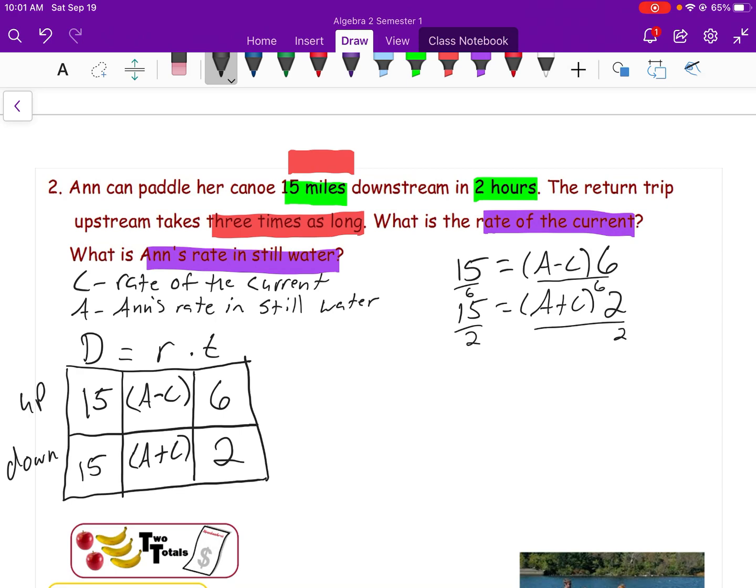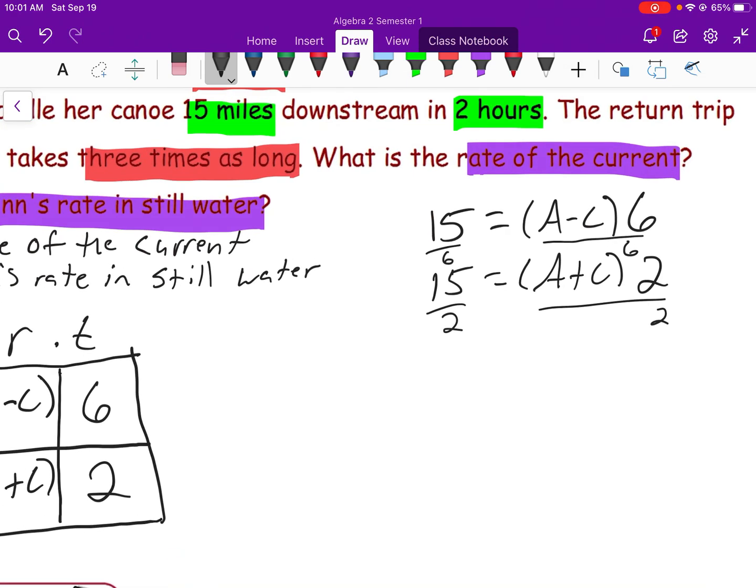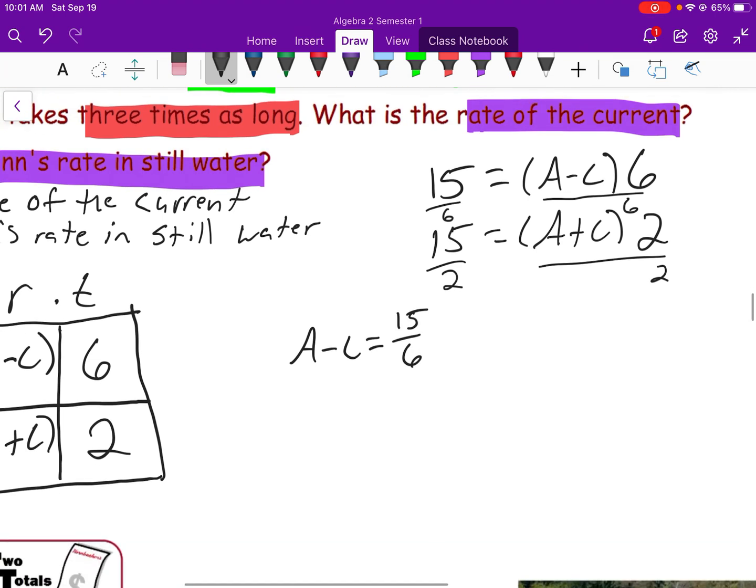So the equations we're going to deal with now are A minus C equals 15/6, and A plus C equals 15/2.